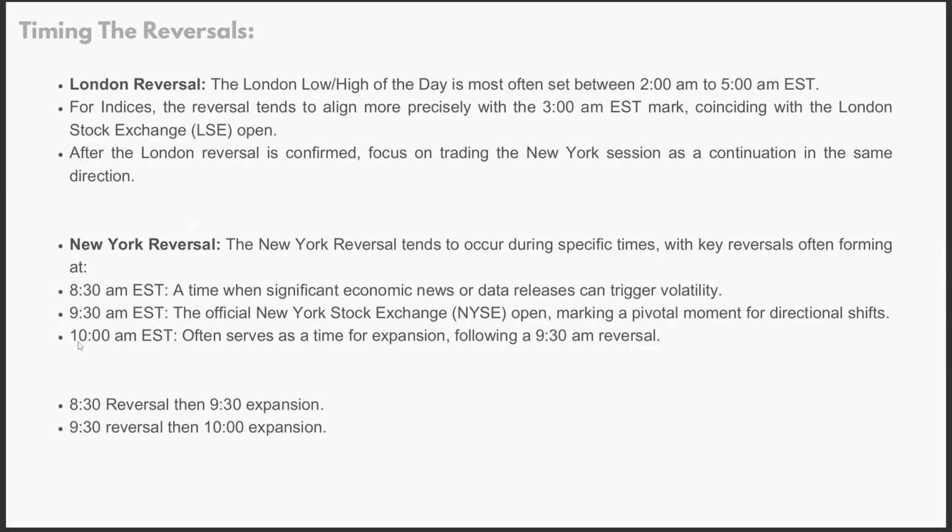Now at 10 a.m., if we have significant red folder news, and 8:30 and 9:30 failed to manipulate, then the news could do the reversal and expansion. So this would be in this order: 8:30 reversal, 9:30 expansion, or 9:30 reversal, 10 a.m. expansion.